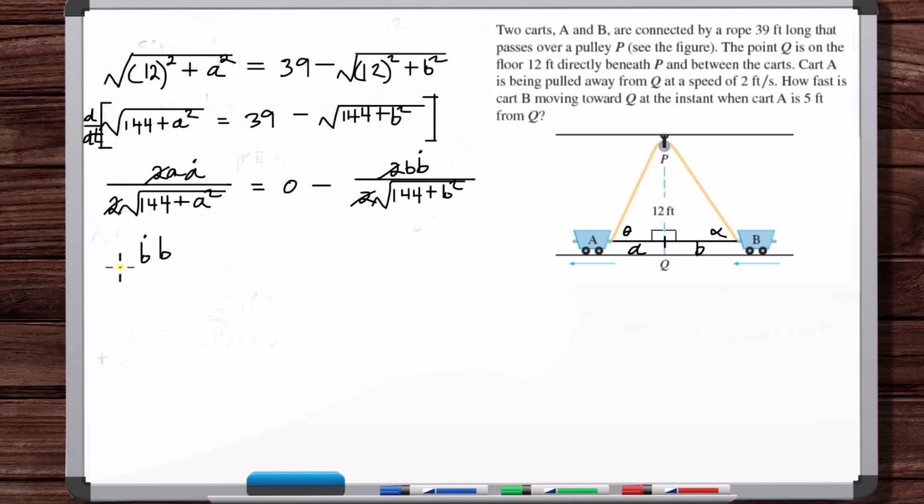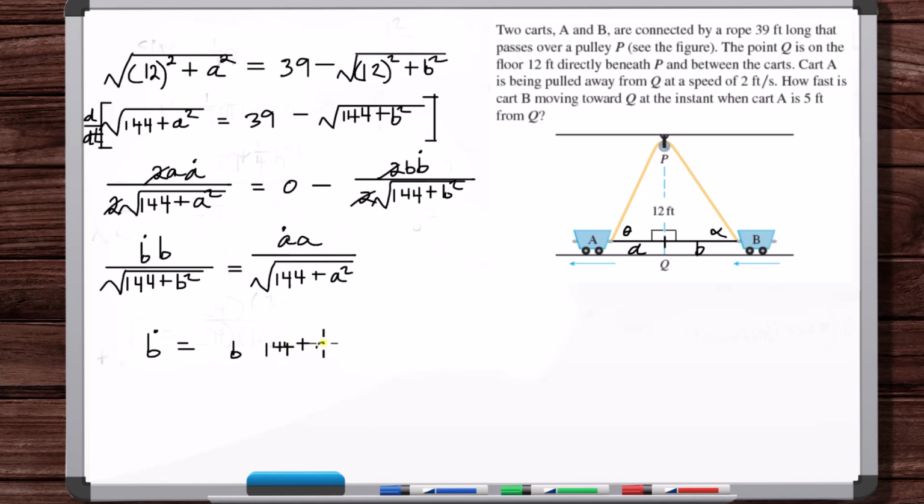So b dot is equal to b, and actually I forgot there's going to be a negative here, right?